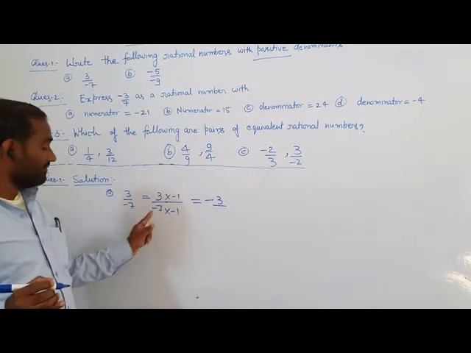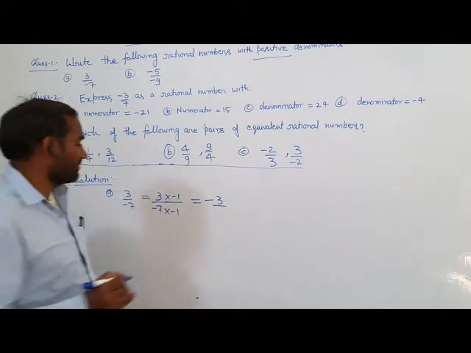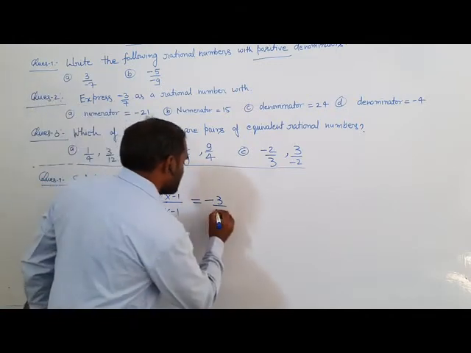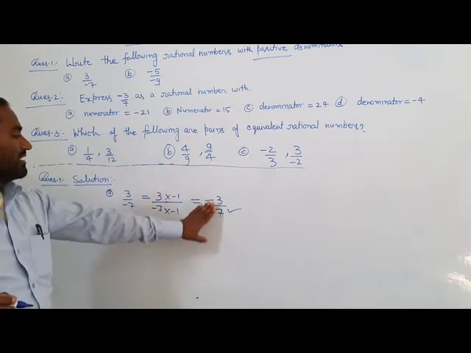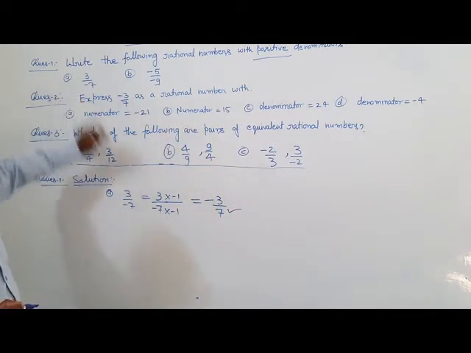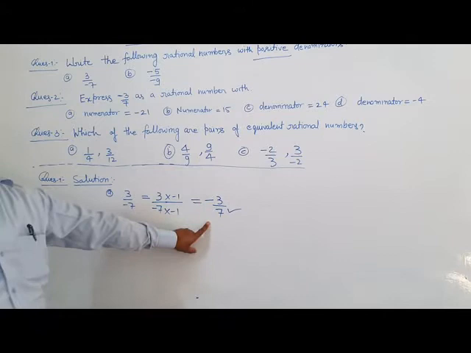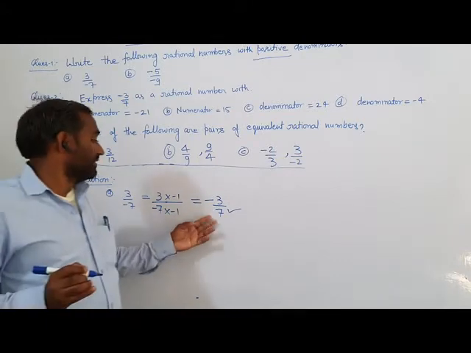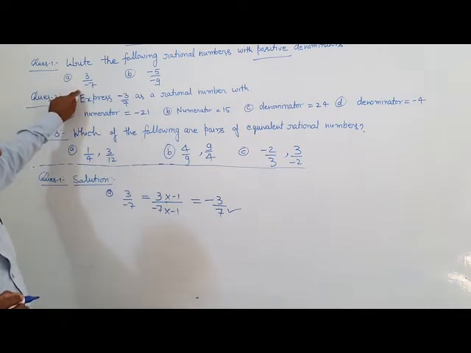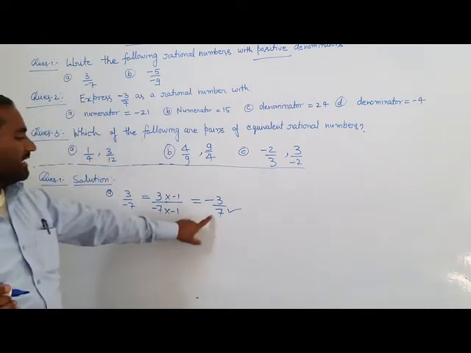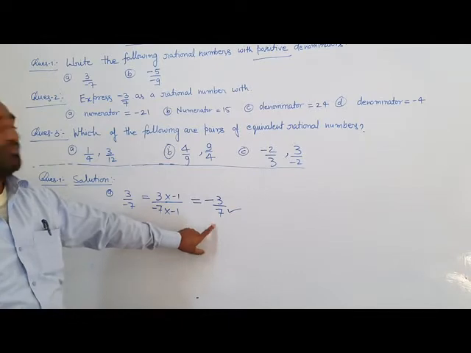Product of same sign, minus minus, is plus; 7 1 ja 7. So this is your answer: minus 3 by 7. We have changed the denominator into positive. Here in the question the denominator was negative, but we changed it into positive.